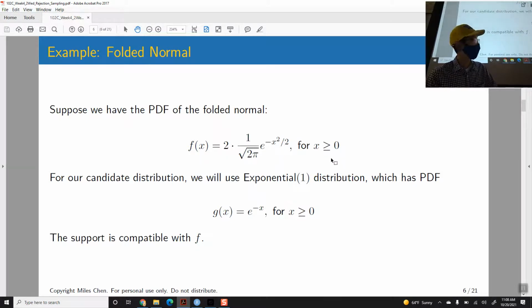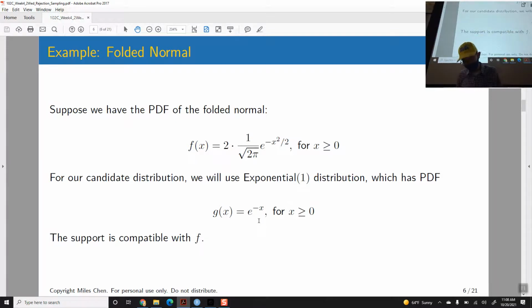And what we will use as our candidate distribution is an exponential distribution, which has this PDF. Now, this was an arbitrary choice. We could have used several other distributions, but this is a fairly simple one. And we are able to generate values from the exponential distribution using the inverse CDF method. We just take a random uniform, take the log of it, and make it negative.